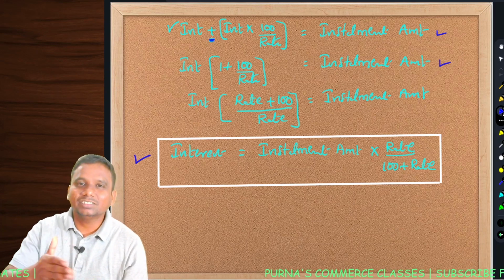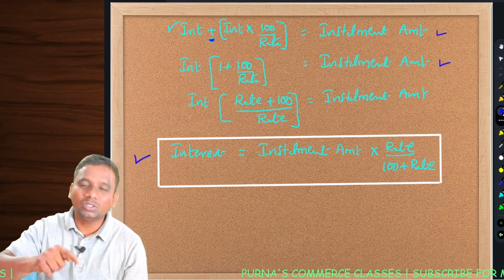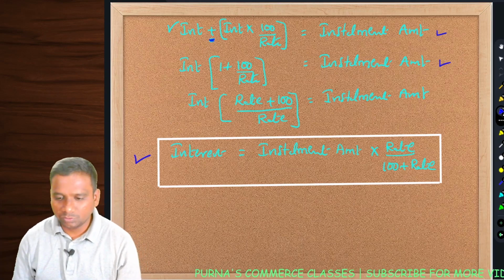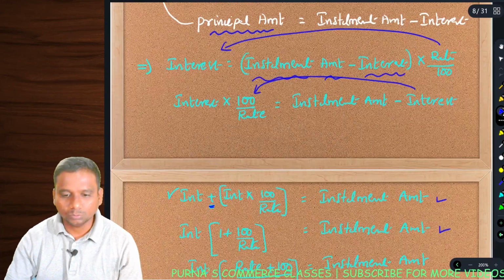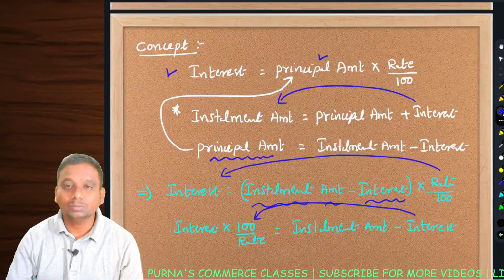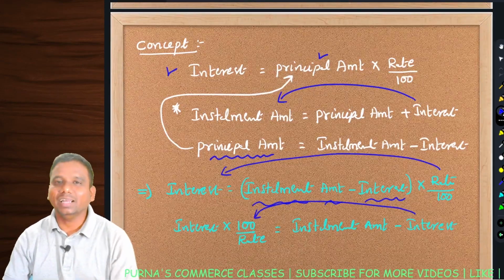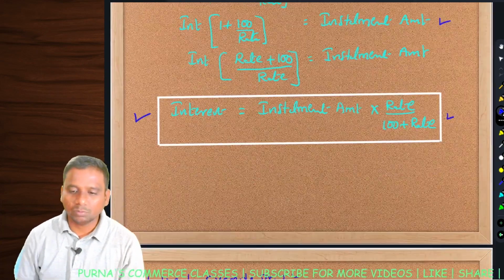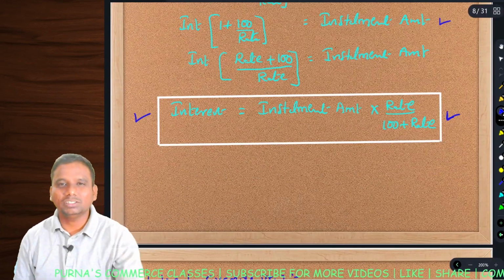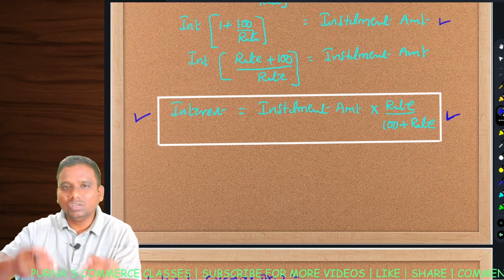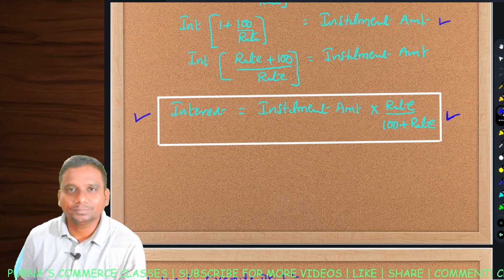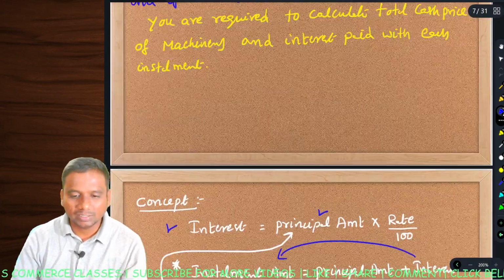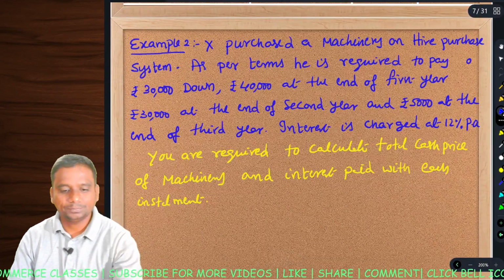How do we get this formula? Based on the above concept. I hope you understood this concept. If you want, you can listen to it again, but this is very important. You can directly apply this formula, but how we got this formula, that is important. Clear, everybody? Right.